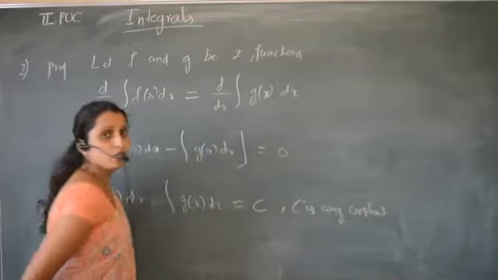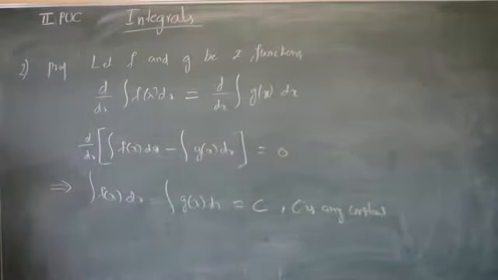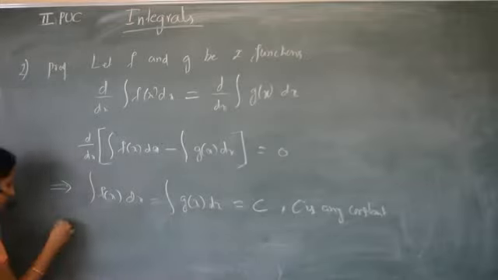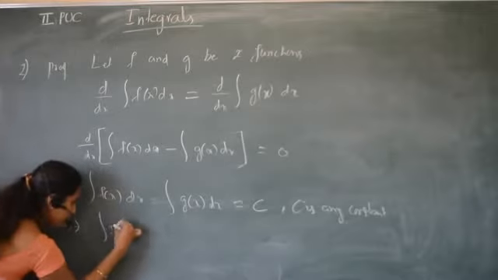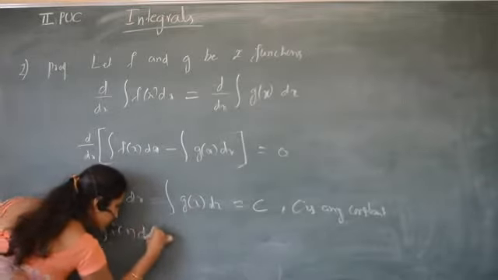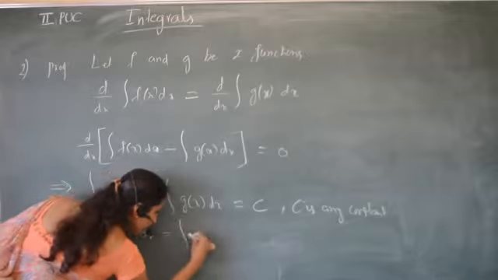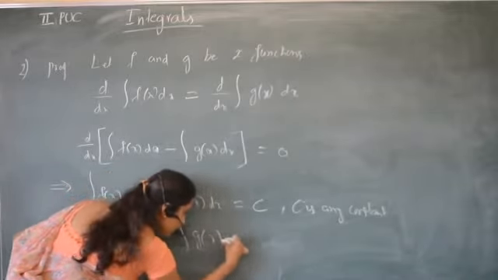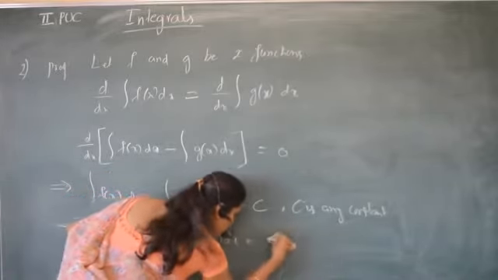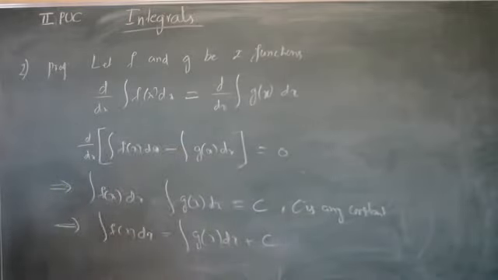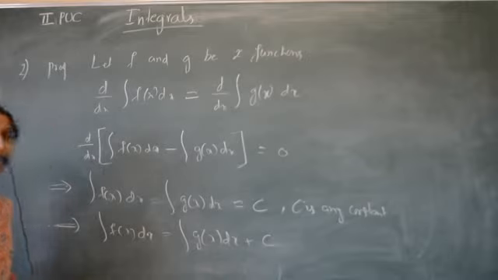So now we got integral of f of x dx minus integral of g of x dx equal to C. Therefore I can write integral of f of x dx is equal to integral of g of x dx plus C. We know that an integral always represents a family of curves.